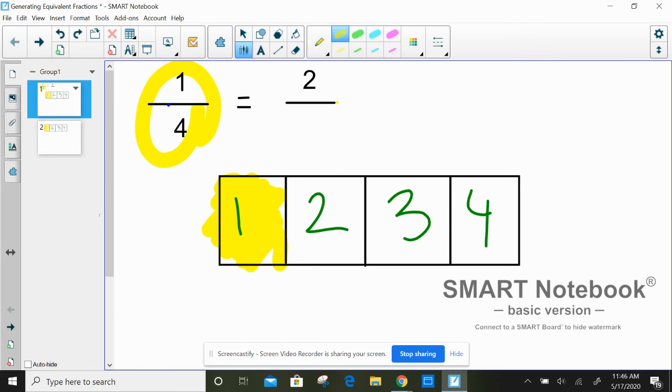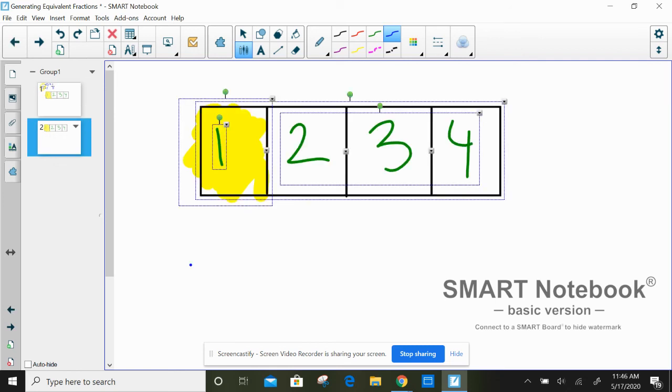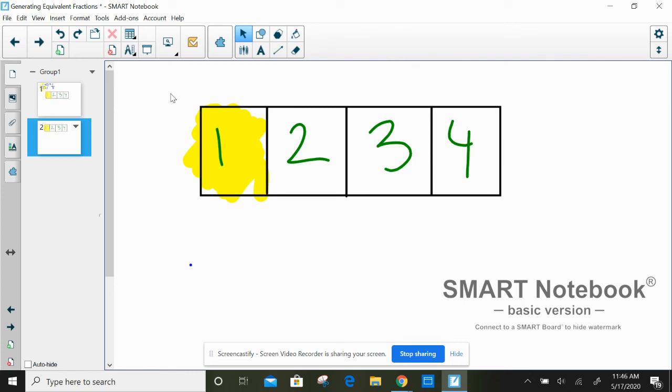And then remember we said that the only way to get from 1 to 2 is multiplying the 1 by 2. And if you multiply the top by 2, you have to multiply the bottom by 2, or 3 or 4, whatever it is, but it has to be the same number. You can't multiply the top by 2 and the bottom by 5. So then 4 times 2 is 8. So I'm going to show you over here using blue how we basically took our 1/4 here and we broke them all in half.